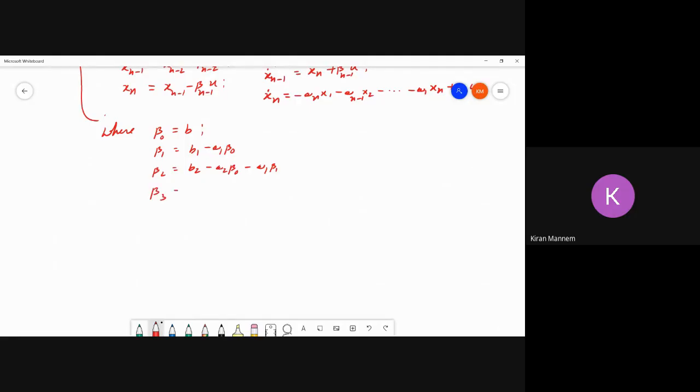Beta 3 must be equal to b3 minus a3 into beta naught minus a2 into beta 1 minus a1 into beta 2.